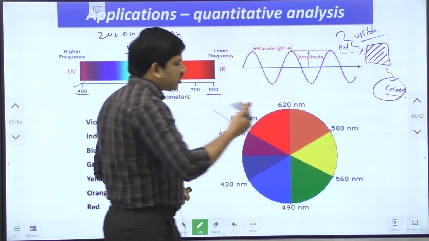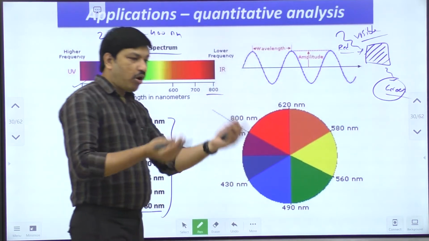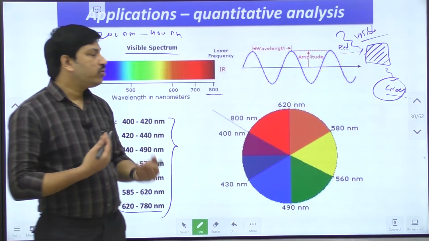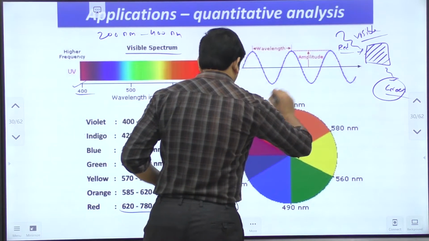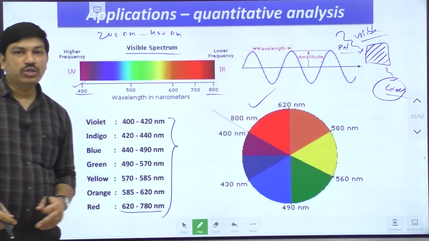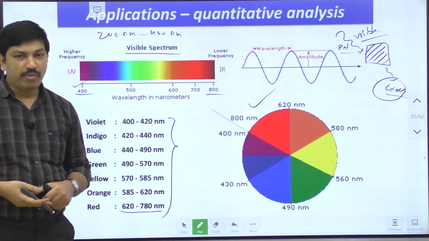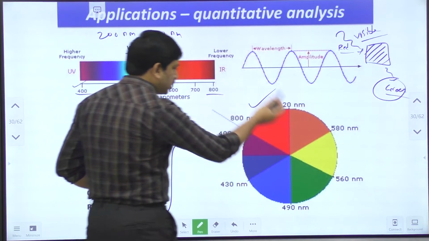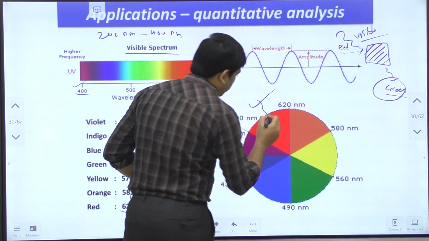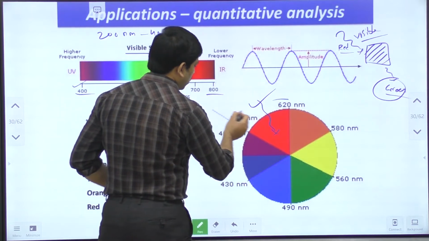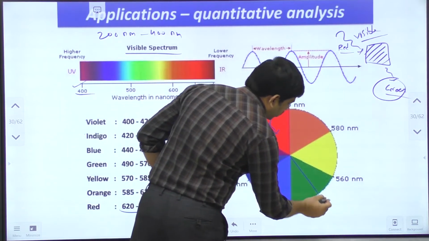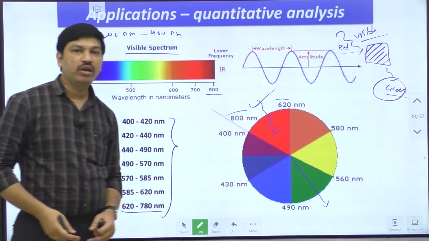How do we understand, if you are seeing an object like a green color compound, that it is actually absorbing red color? For that purpose, this wheel is useful to understand the corresponding complementary color. For example, according to this wheel, if any compound absorbs a red color from 620 to 800 nanometers, it shows a green color.